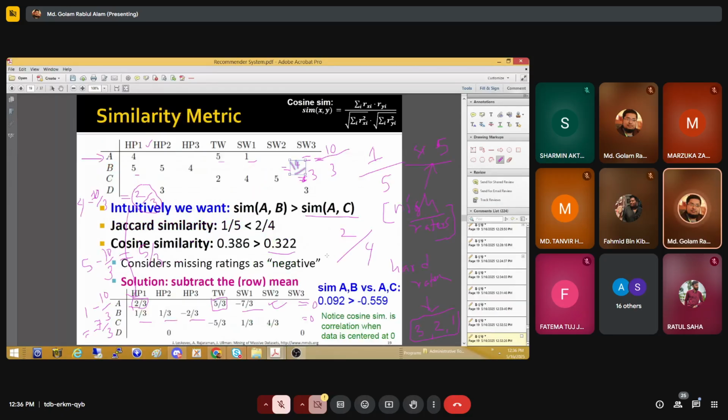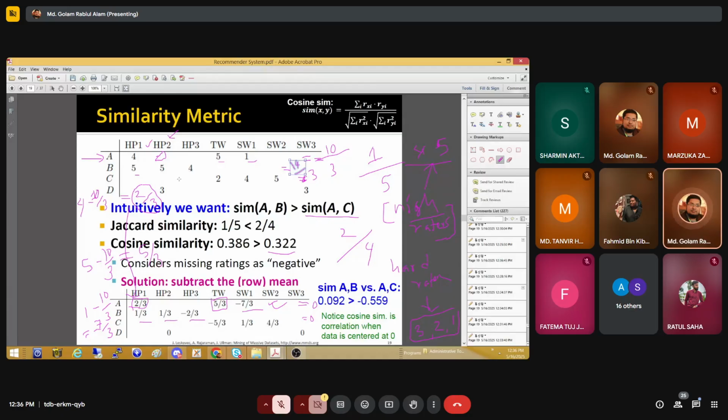Like here, the similarity between A and B, A and C, A and D. And then based on those similarities, we want to find out the ratings of A on this one, that is Harry Potter 2.